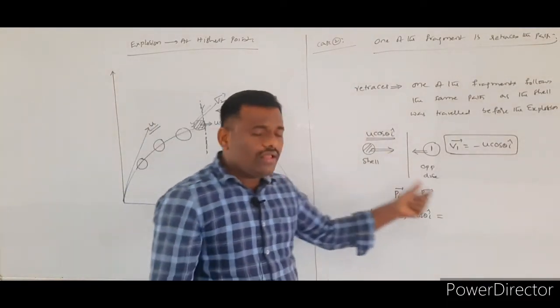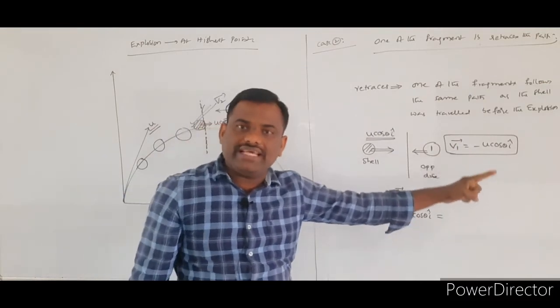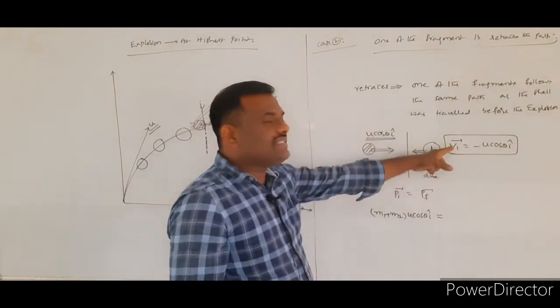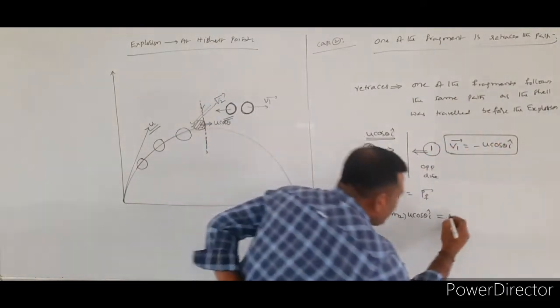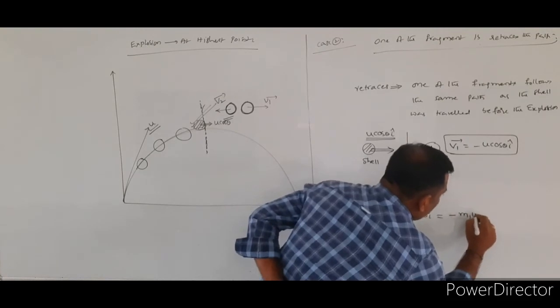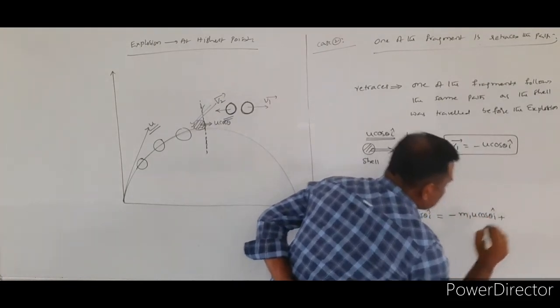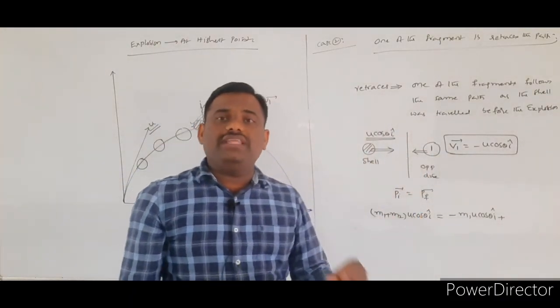Now we have to write the momentum of the first piece as well as the second piece. The mass of the first piece is m1 and its velocity is minus u cos theta into i cap, so its momentum is minus m1 u cos theta into i cap, plus m2 into, we don't know the direction of v2.